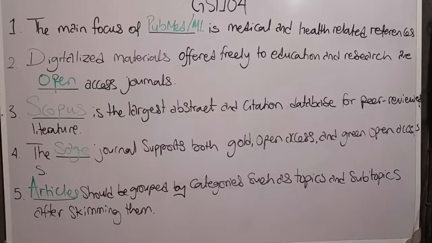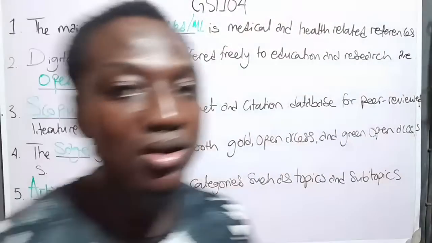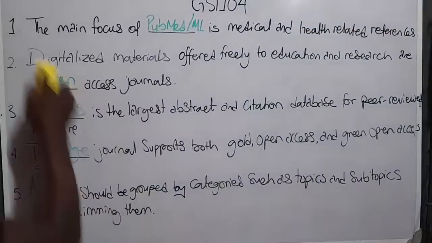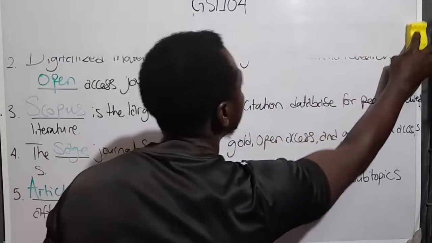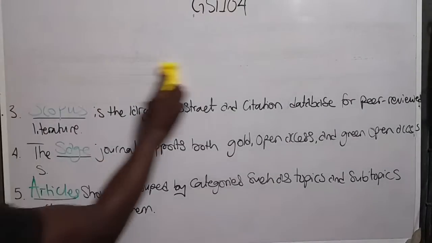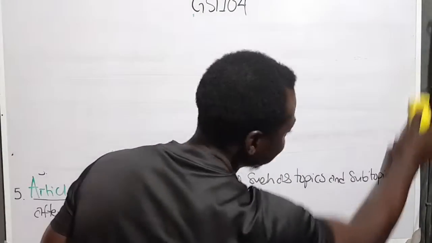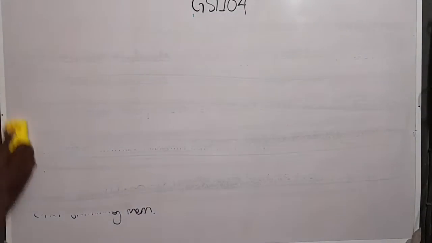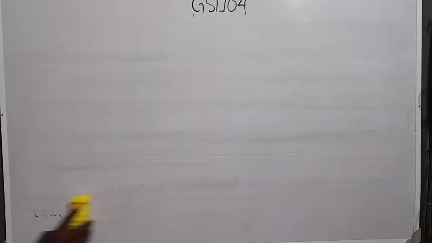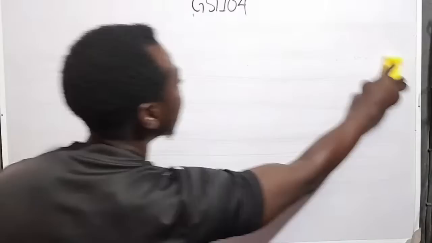Okay, we are done with the first set of 5 questions. I'm just going to erase the board now, and we can take the next set of questions. For those of us who had our exam today, how was our exam? Hope we gave it our best.